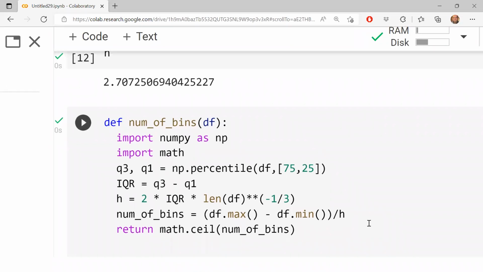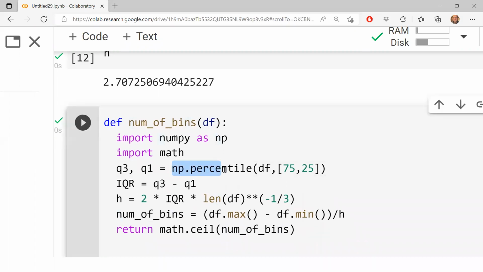Okay, guys. So how to determine the number of bins? I want you to pay attention to this one. I have written this method for you, and I'm going to give it to you, so don't worry. You don't have to take pictures. So look, what do I have here?